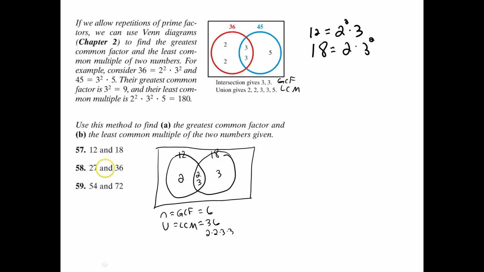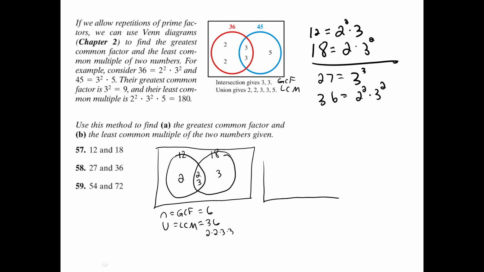And so now let's do it for the next one. So we have 27 and 36. We found a prime factorization of these guys. We have 27 is 3 cubed. 36 is 2 squared times 3 squared. Circle for 27.